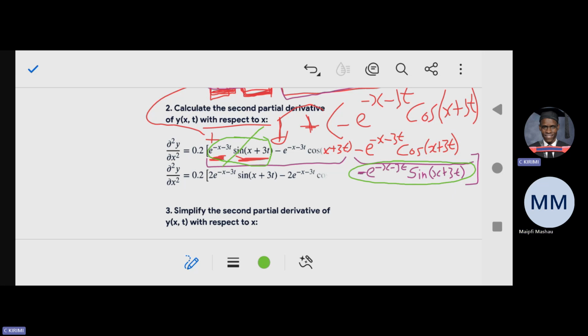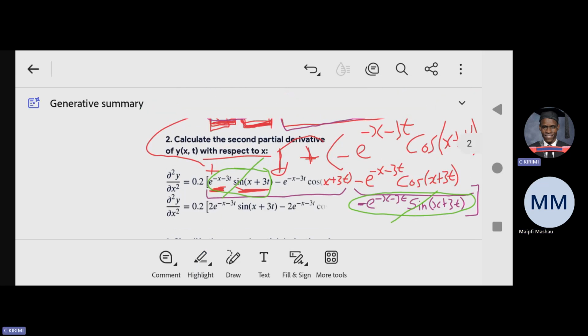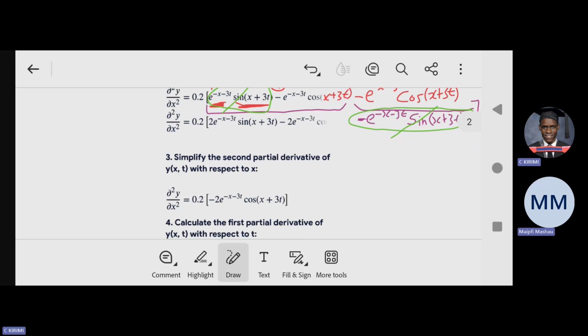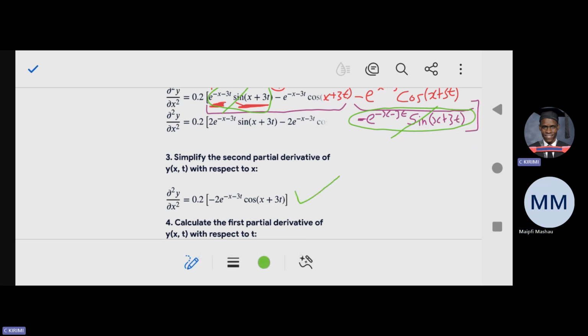Then we cancel these ones. They are gone. So now we are left with negative e to the power minus cos 3t. Then we add the negatives, which gives minus 2. So we are there. This is our second derivative.